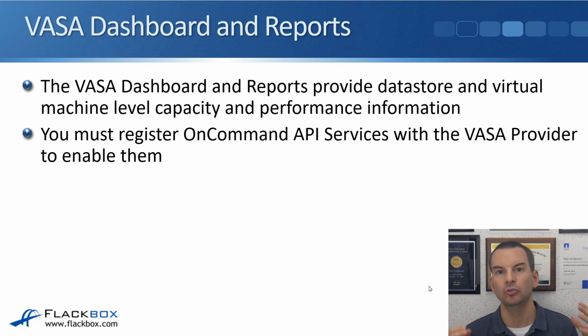So you'll be able to provision VVol Datastores without it, but then you won't be able to see the performance and the capacity, etc. information, the dashboard and reports. So to see the dashboard and reports, you also need to install OnCommand API Services. That is separate downloadable software from the NetApp website, and that gets installed separately on a Linux host, which is probably going to be inside your VMware environment running as a virtual machine.